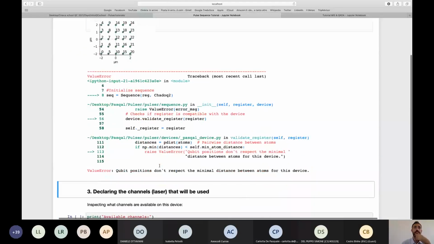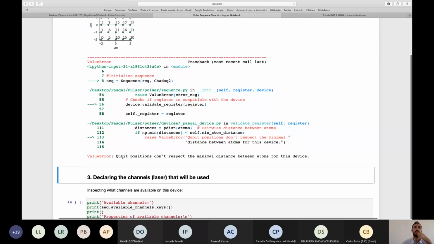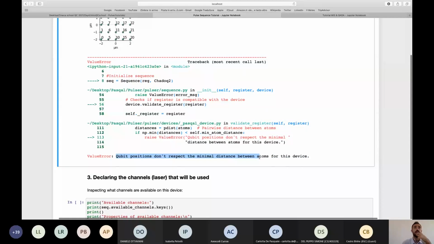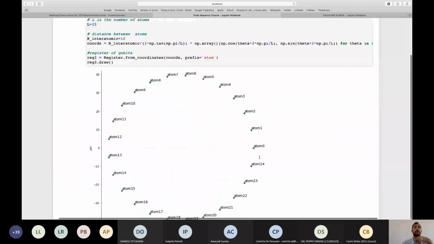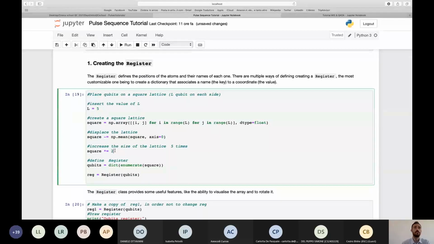Okay, I shrink everything between -2 and 2 micrometers, and then it says that the qubit positioning doesn't respect the minimal distance. So probably let's go with 2.